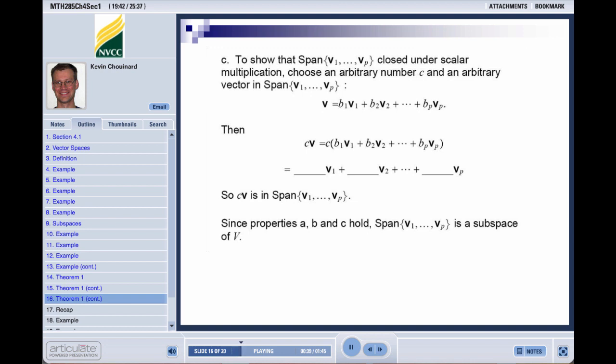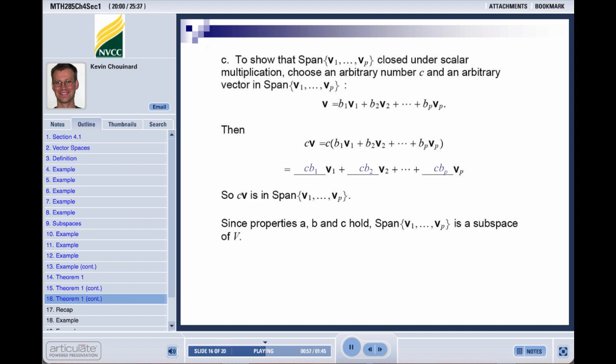And when we do that, we'll get c b1 as the coefficient of v1, c b2 as the coefficient of v2, etc., all the way through the last term, which will be c b p times v sub p.